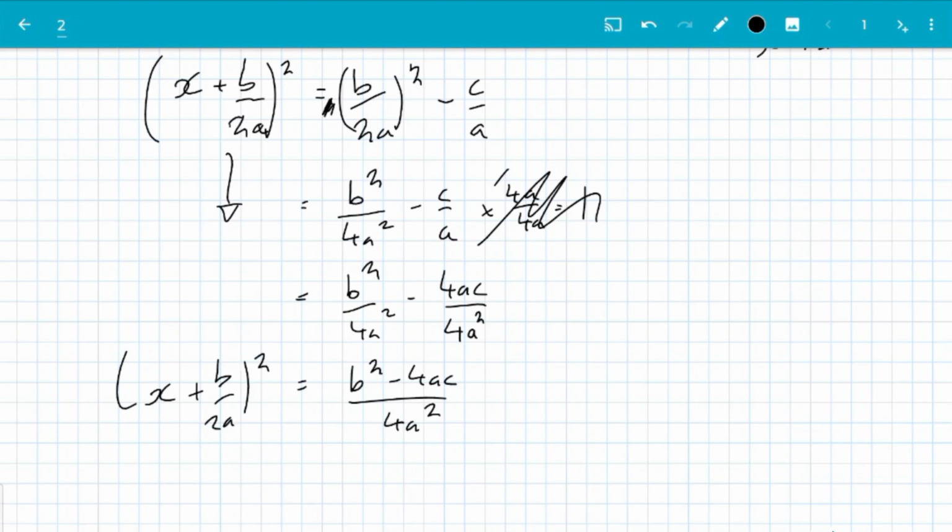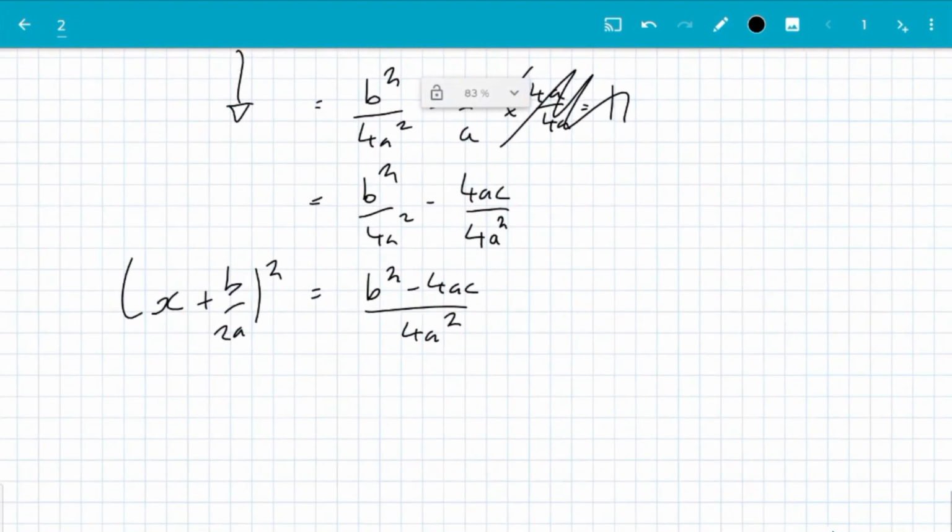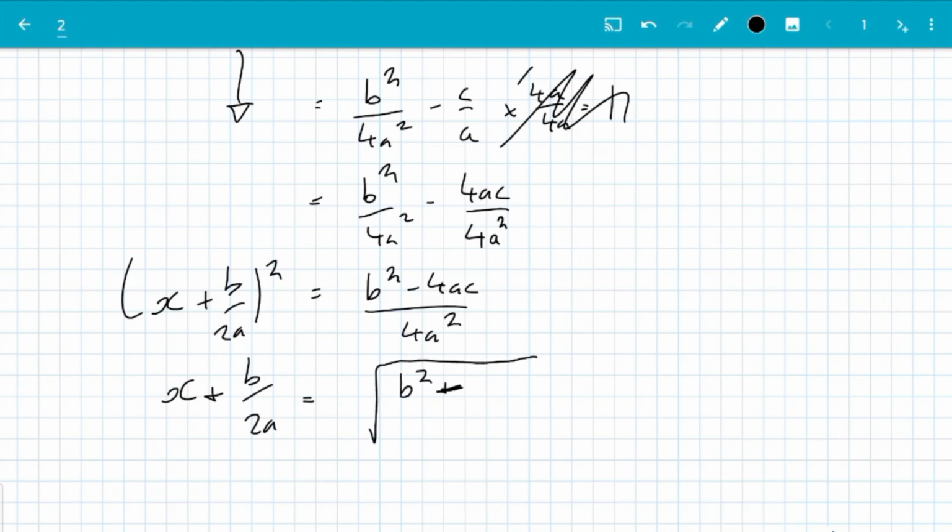So the next steps become clear. We're going to square root both sides, obviously. You have to do the same to each side. Minus 4ac over 4a squared.